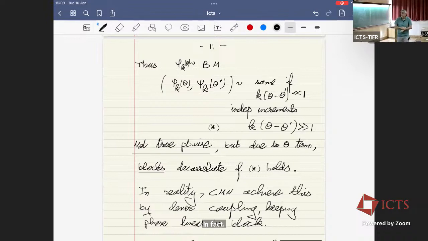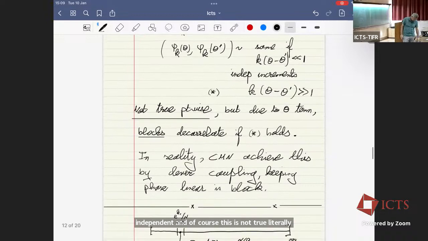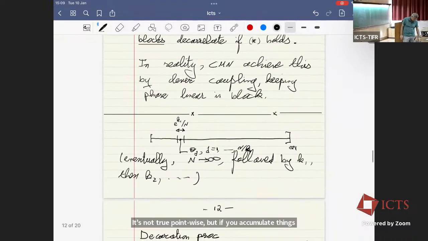What we obtain from this mental picture is that phi k of theta is roughly a Brownian motion, and the two Brownian motions, phi k of theta and phi k of theta prime, go together up to the splitting point, and then they are independent. Of course, this is not true literally, it's not true pointwise, but if you accumulate things in blocks, then you have that.